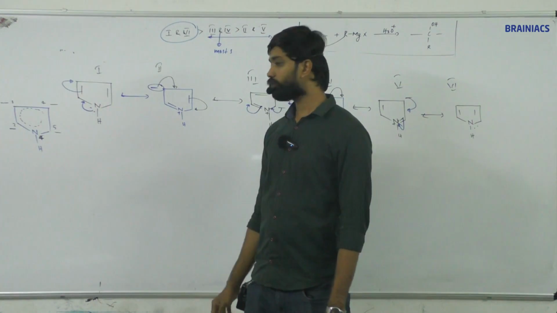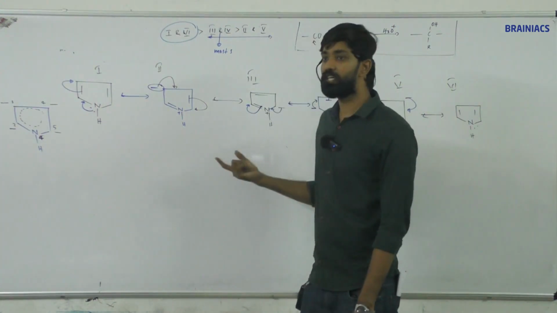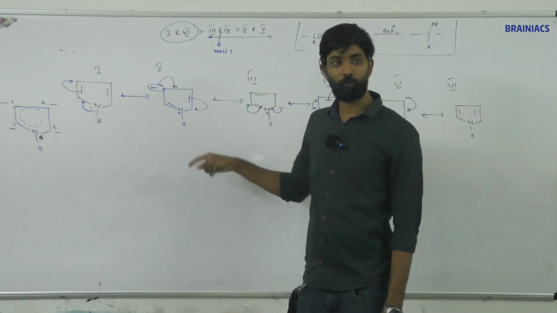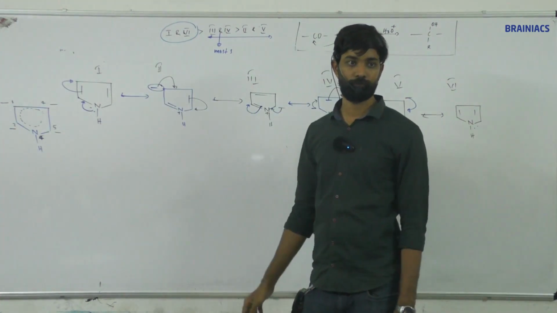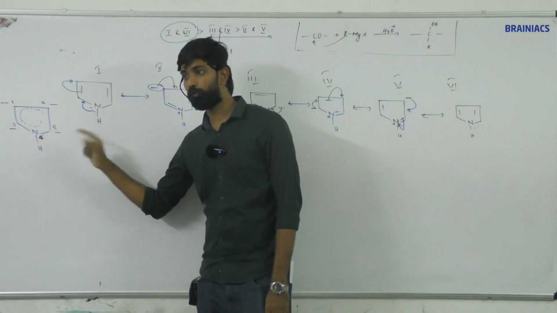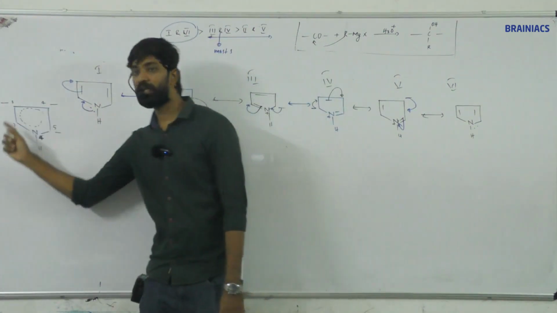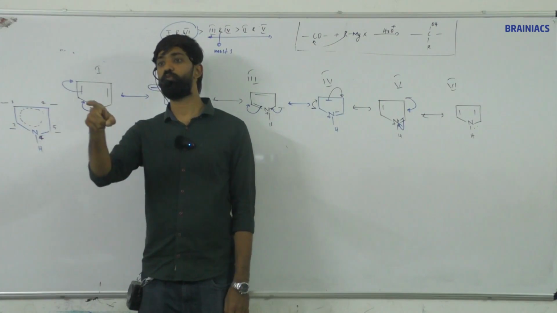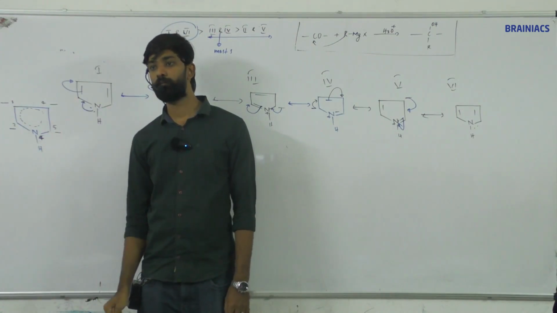Okay, ready? And the most stable structure contributes more to the hybrid. Among these canonical structures, the most stable structure may contribute more. Okay, so this hybrid has a greater character of the most stable structure. Agreed?